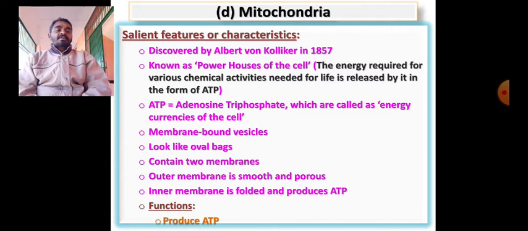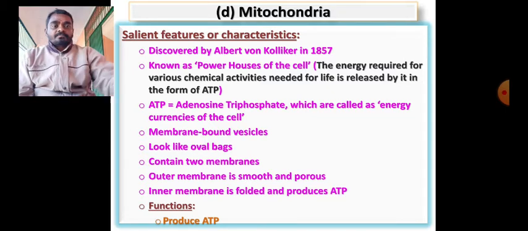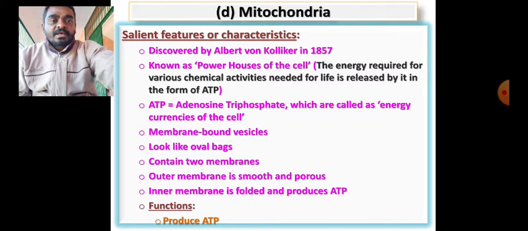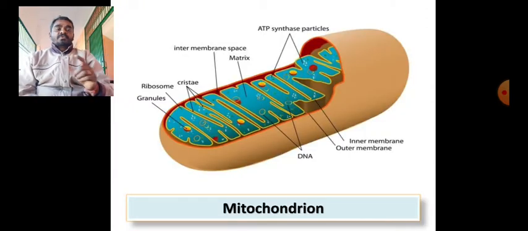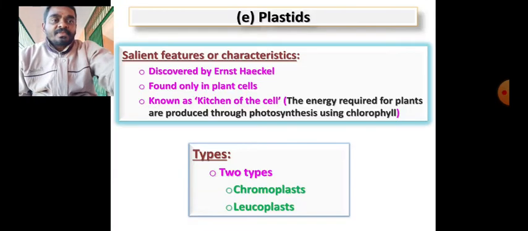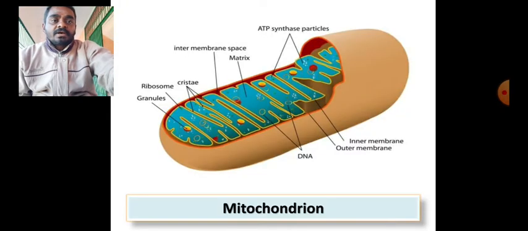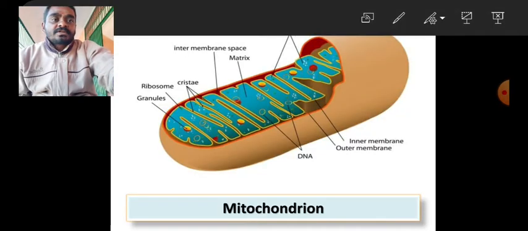And then the inner membrane, which is highly folded. When you look at that structure, definitely you will come to know what the outer membrane is and how the inner membrane is. So basically the function of mitochondria is production of ATP. Now you see the structure here.